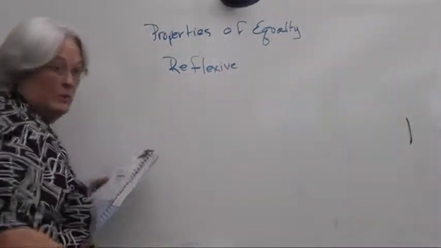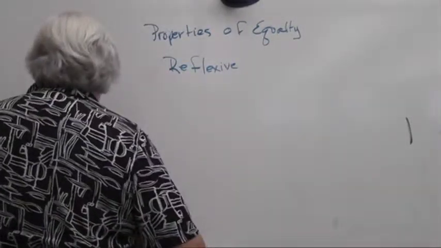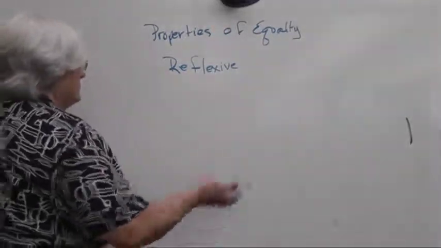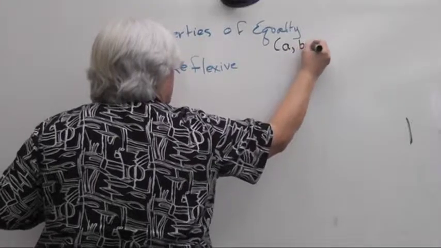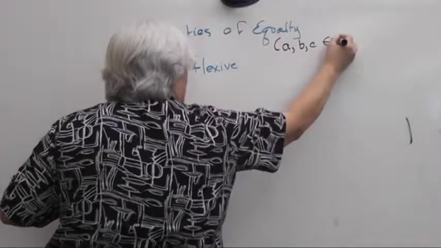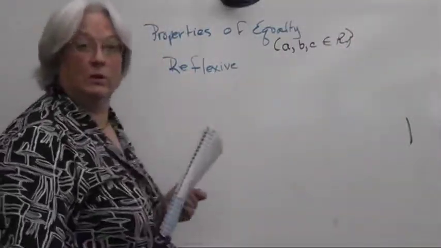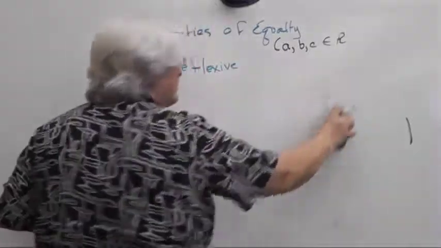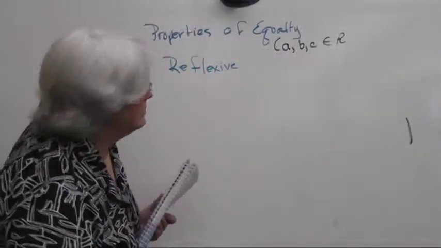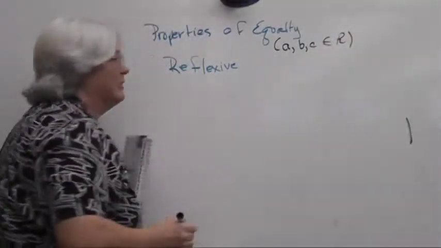With these properties of equality, we are assuming that the values represented by A, B, and C are all elements of the real numbers. In other words, we're not dealing with complex numbers here. It can be an integer, a whole number, a rational number, or irrational. But it does have to be a real number.